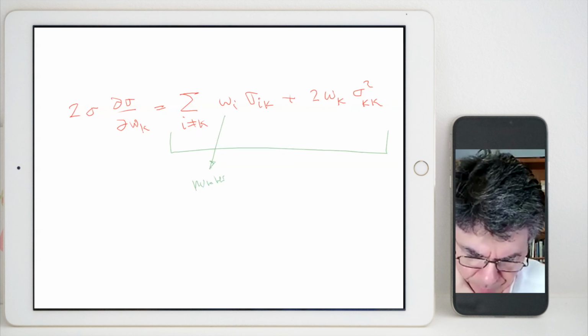That's a number, and that's in the matrix too. So all of these things are things that you already know. Is the right hand side clear?